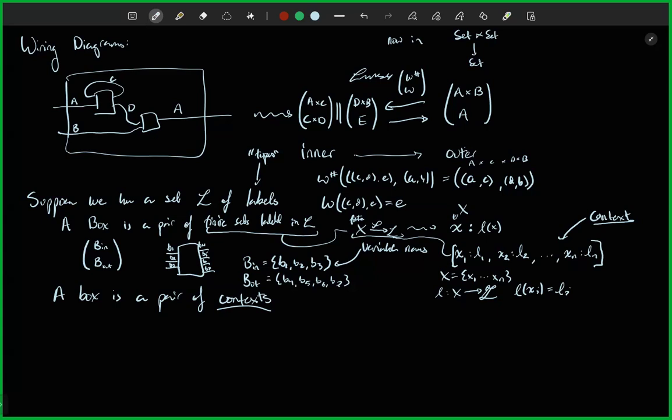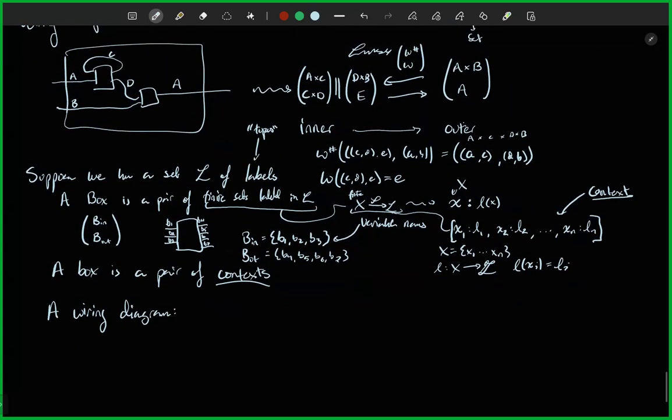And then we can ask, what is a wiring diagram? Well, let's see what it would take to define a wiring diagram. I haven't actually set the rules of the wiring diagrams, but we'll say this.